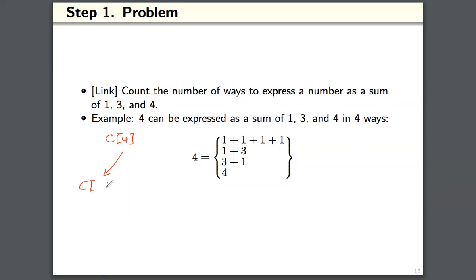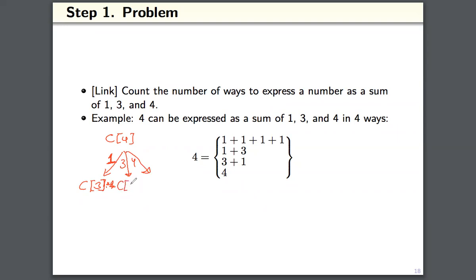Let's take 5. If you use 1 as the last coin, a 1 cent coin, the remaining amount is 4. If you use a 3-cent coin or a 4-cent coin, what happens here?